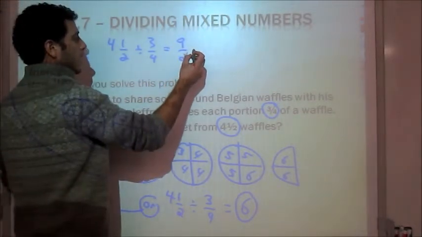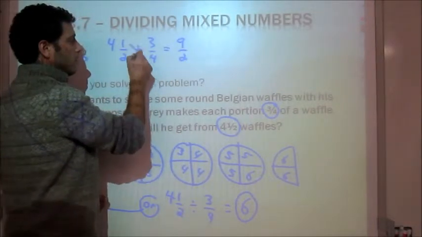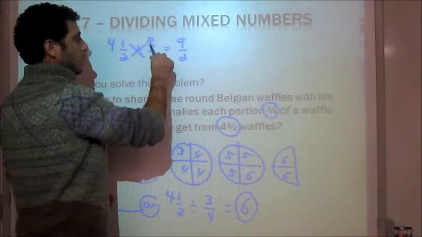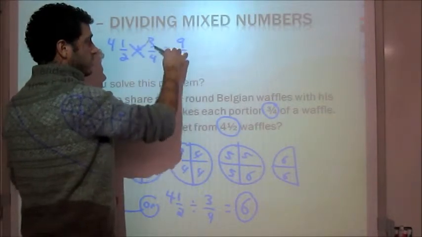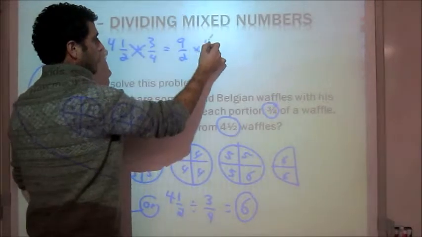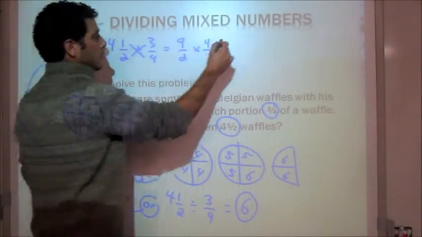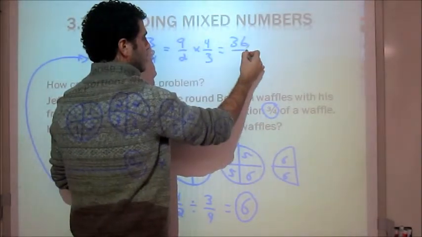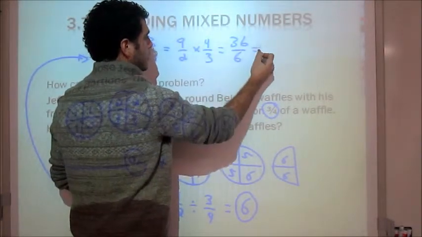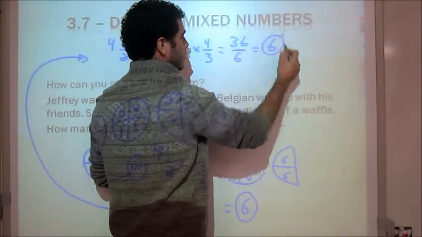And then you can actually multiply straight across using the reciprocal of this fraction. So that would be 4/3. 9 times 4 is 36. 2 times 3 is 6. And 36 divided by 6 is 6.